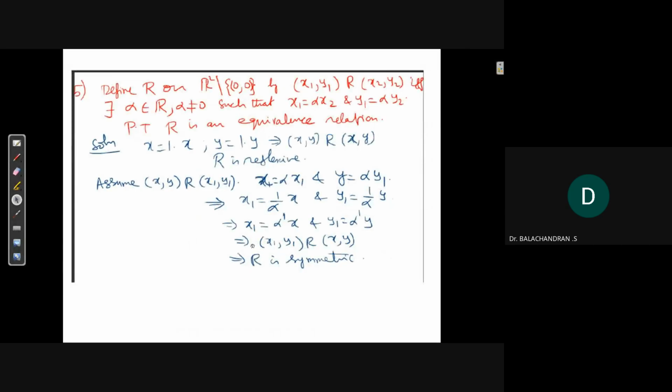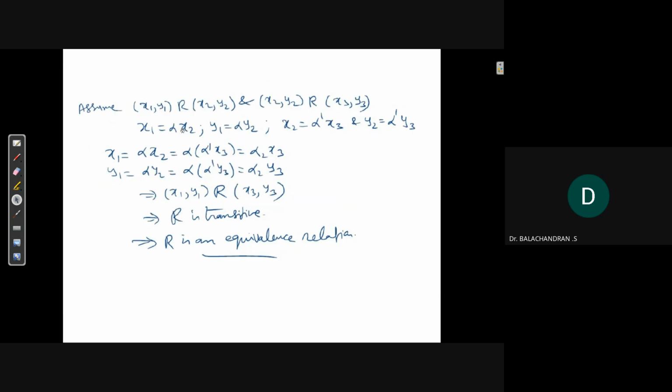Next, the third one, transitive. Maybe I will explain using this PDF. Assume x1 comma y1 related to x2 comma y2, and x2 comma y2 related to x3 comma y3. From this, x1 equals some alpha into x2, and y1 equals some alpha into y2.